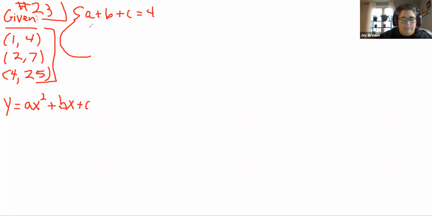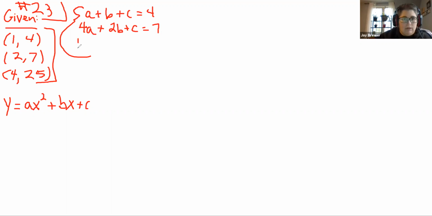That's equation 1. To find equation 2, we're now going to put in the point 2, 7. 2 squared is 4, so 4a, 2b plus c, and the output is 7. And then the last one, we're going to plug in the point 4, 25.